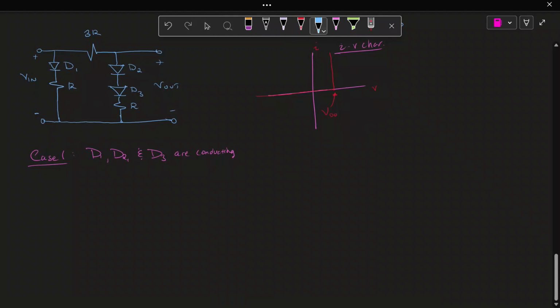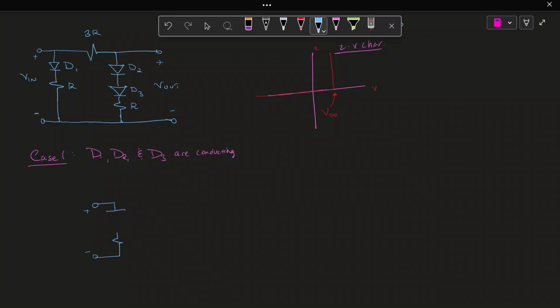So we can redraw our circuit. There's going to be a lot of redrawing, by the way. All I'm going to do is draw plus minus 0.7 volts, and this is my D1. This does not mean it's an open circuit, but I'm not going to draw an open circuit because that looks confusing.